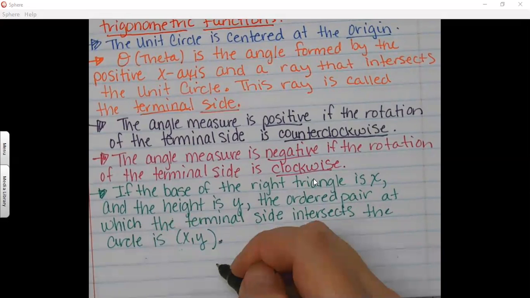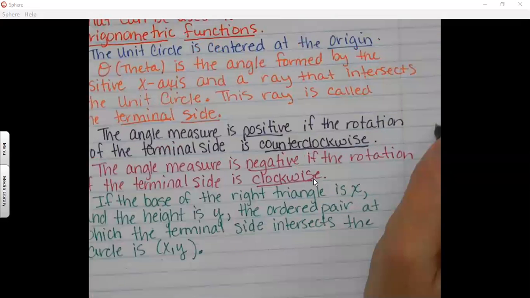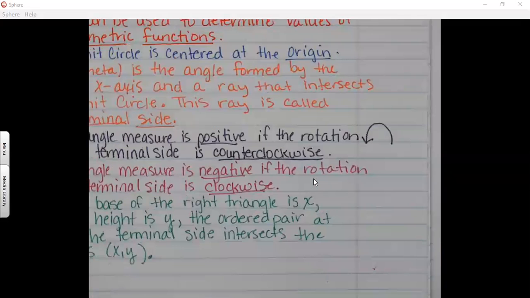And I'm going to go back up to counterclockwise, draw a little rotation so you know what I mean. Counterclockwise is like that, and then clockwise, like this.